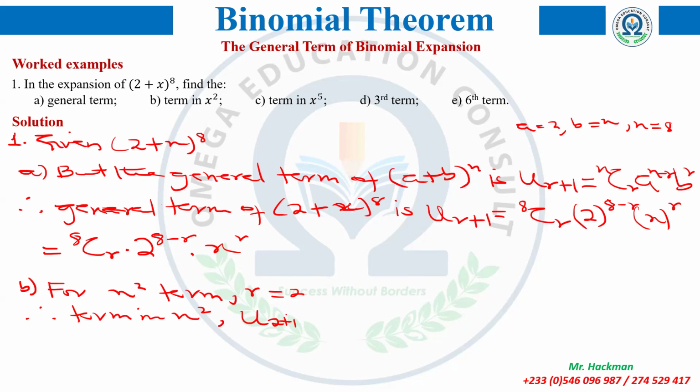This is the first one, so obviously I won't present it the matured way. That would be equal to 8 combination 2, then 2 to the power 8 minus 2, then x squared. Is that okay?